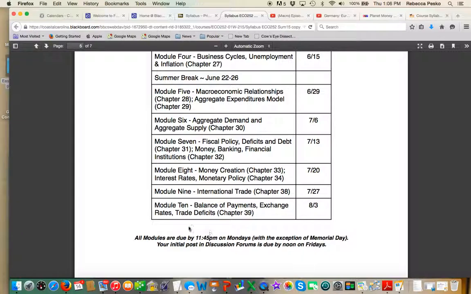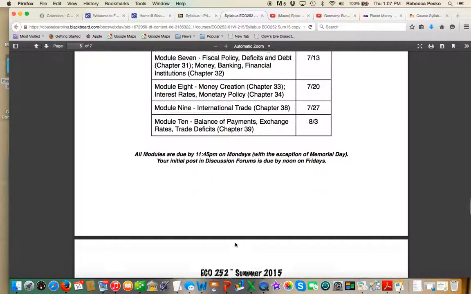The reason for that is if I don't have that initial post required early, sometimes people wait to the last minute and classmates don't have the opportunity to respond to each other unless you're waiting around at 10 o'clock on Monday night. So to try to prevent that, you have to post your first post by Friday at noon, and then you can do the response to your classmates sometime before Monday night.